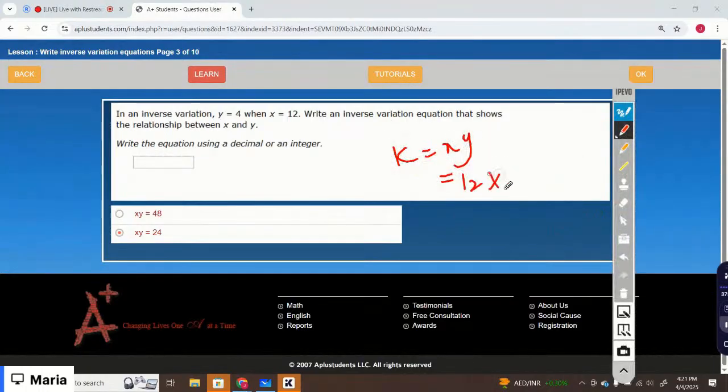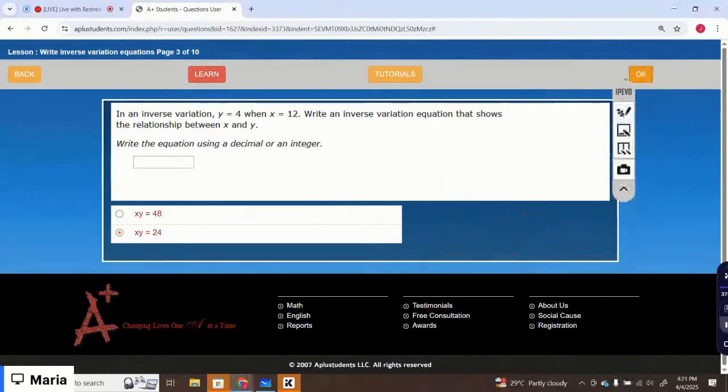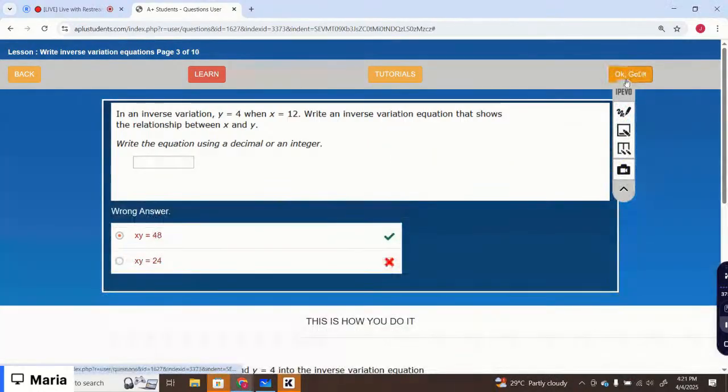X is 12, 12 times 4, that is 48. Oh, 48 it is, sorry, not 24. Xy equals 48. Option number 1 is the correct option.